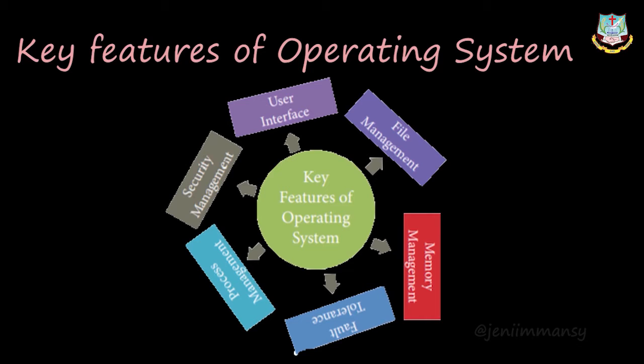Right? We saw this point in the uses of operating system also. According to the customer's needs only, a producer or a seller will do the processing, right? Likewise, here the user interface is also designed according to the customer's need.